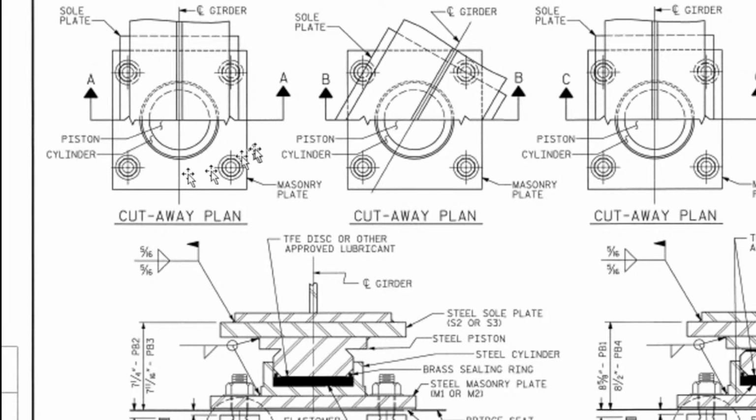So piston, then cylinder. Then cutaway plan. For more clarity, again, we have section AA, we have section BB. Sole plate again, so we have the bolt.